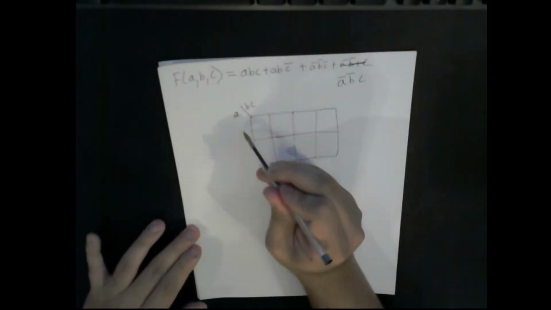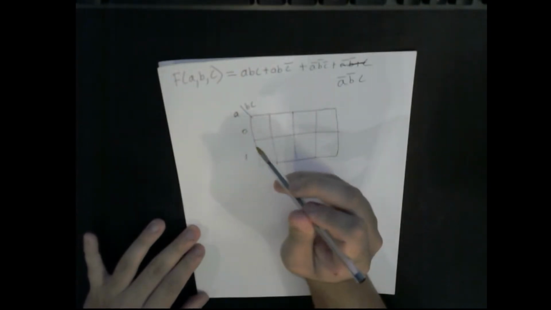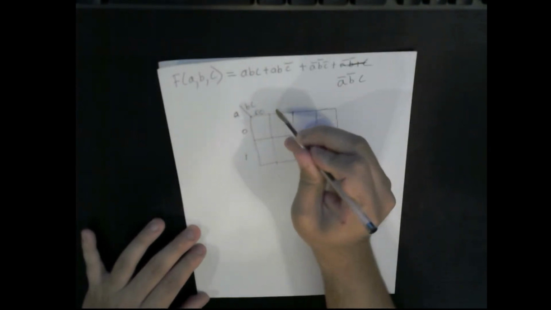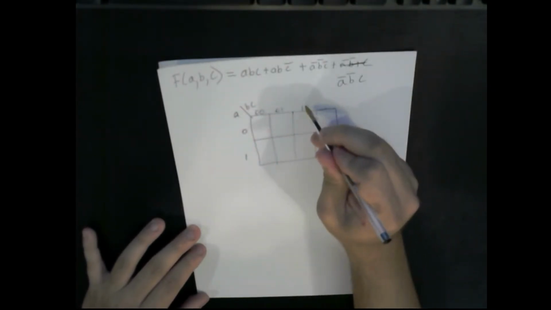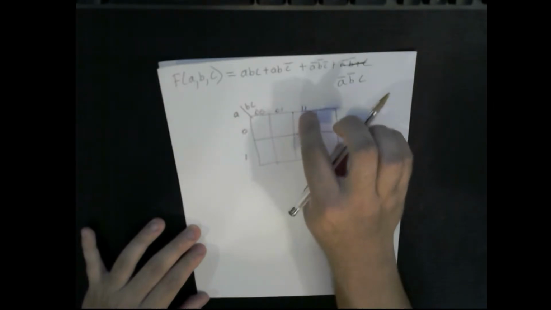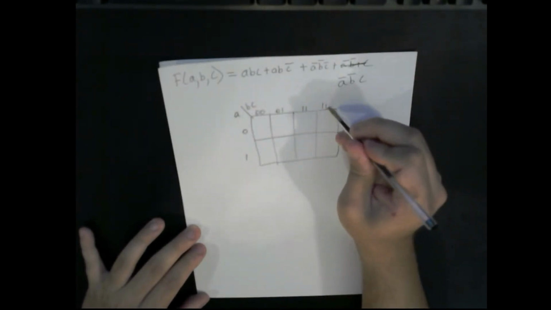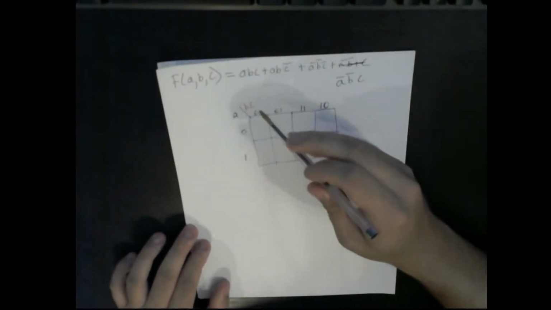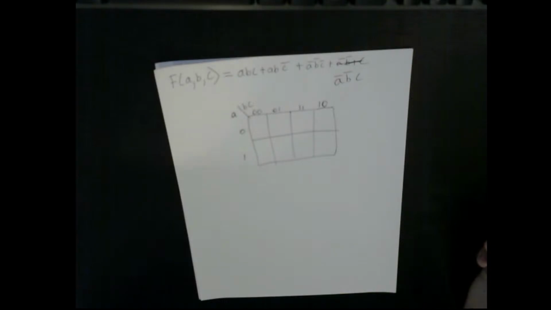On this side, it's going to be 1 and 0. Not too crazy. But on this side, it's going to be 0 0, 0 1, 1 1, not 1 0, and then 1 0 back here. The reason we do this is that on adjacent cells of the K-map, I only want one change of the number. That's how we are able to achieve these simplifications in a graphical way.